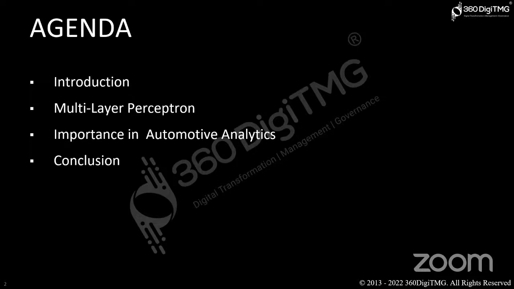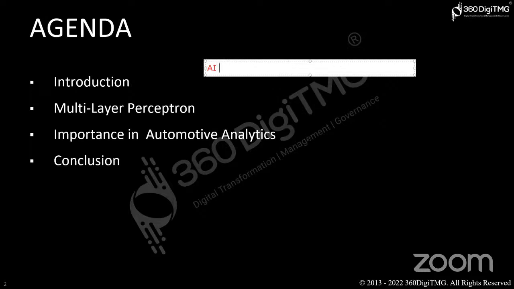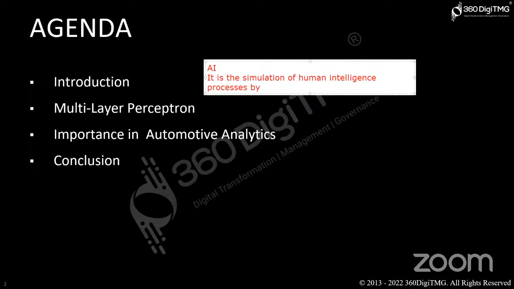So what is AI first? Artificial intelligence is the simulation of human intelligence processes by machines, especially computer systems.